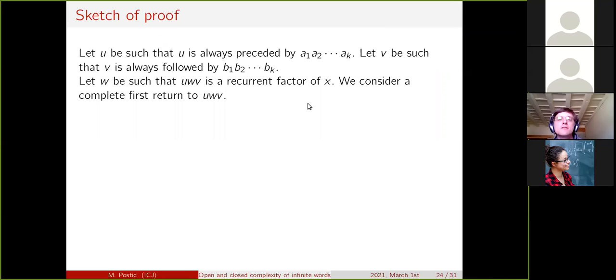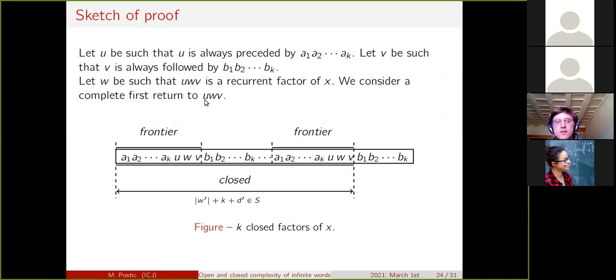And now you can consider the complete first return to uwv. So the situation will be this one. You have uwv, then something, then uwv, and you know that uwv does not occur internally. And now, since you are in your word, you know that before this, you will always find a1, a2, ..., ak, and after this, you will always find b1, b2, ..., bk.